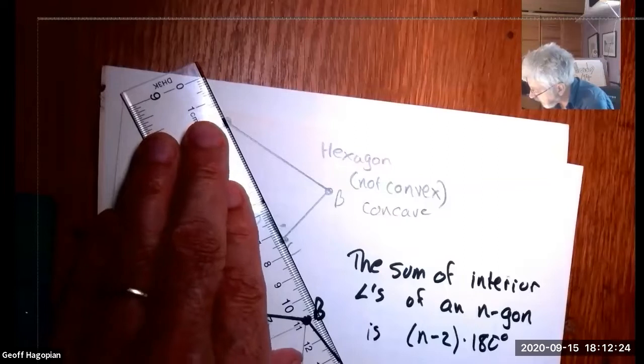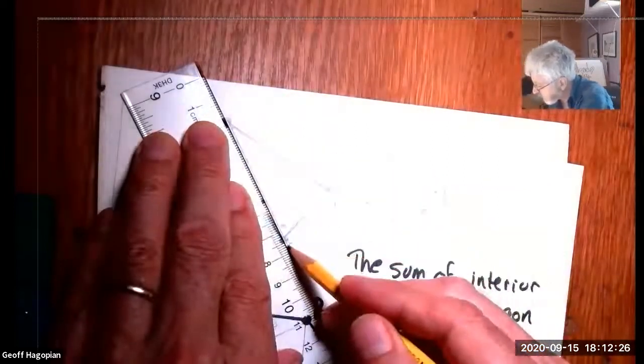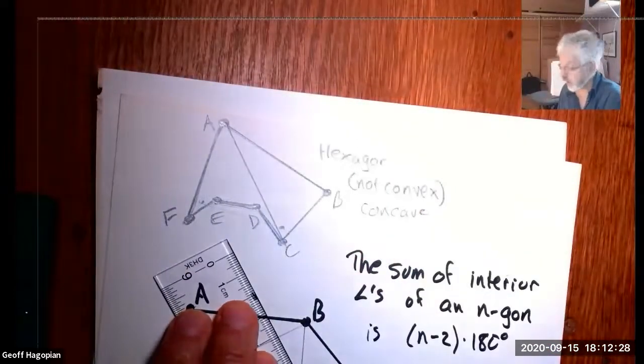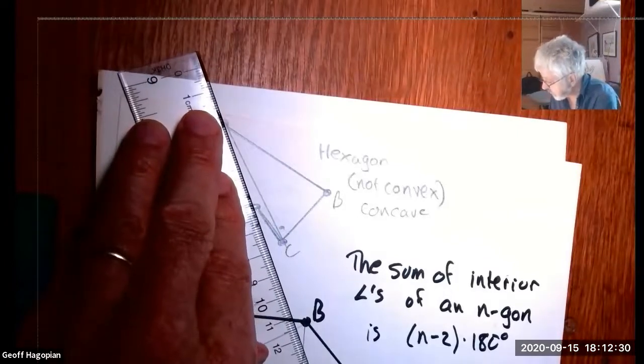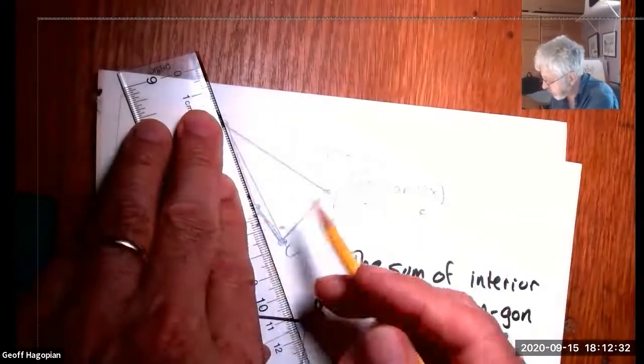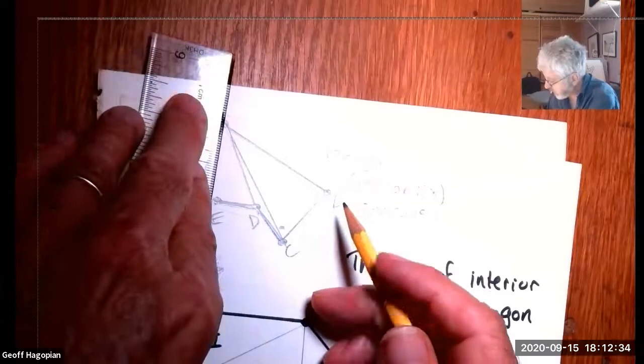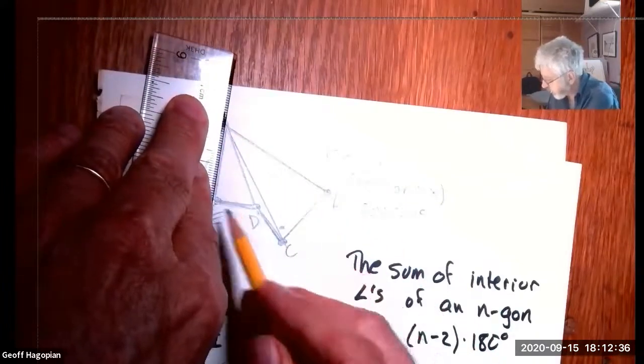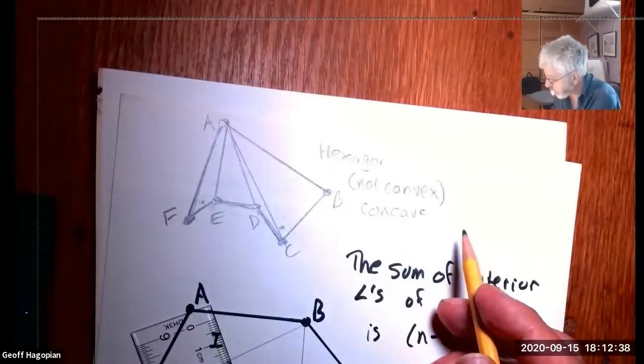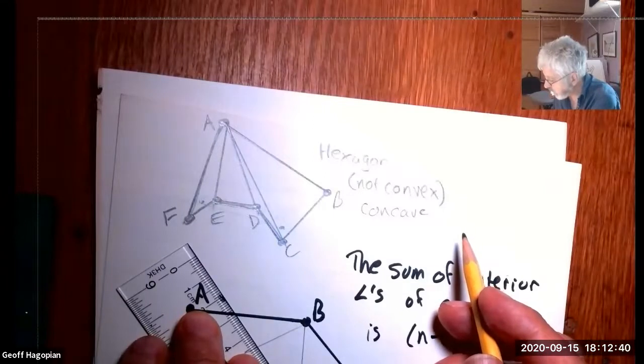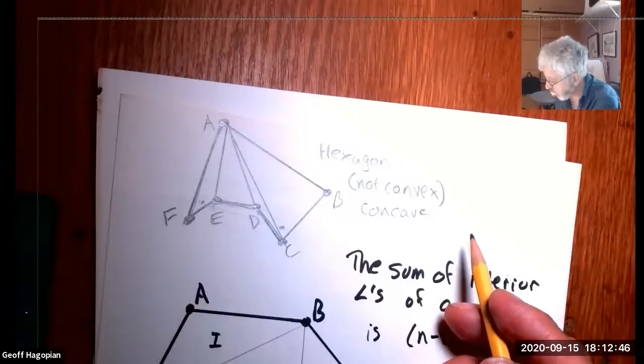Is that a diagonal there? Yeah, okay, so that's a diagonal. Here's another diagonal. Here's a 3rd diagonal. And, right, I said 4. Oh, okay, yeah, that's right.